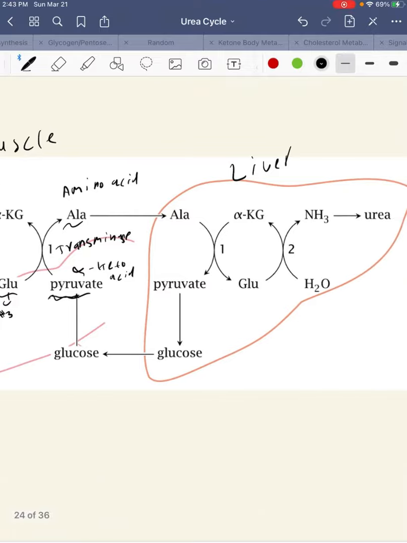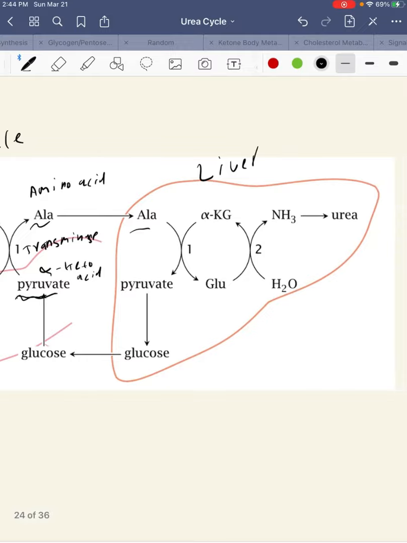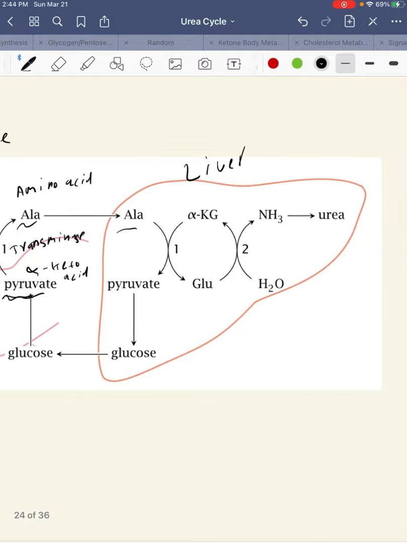Alanine is then shipped to the liver, and then we run this reaction backwards. So this is your alpha-keto acid, and alanine is your amino acid.